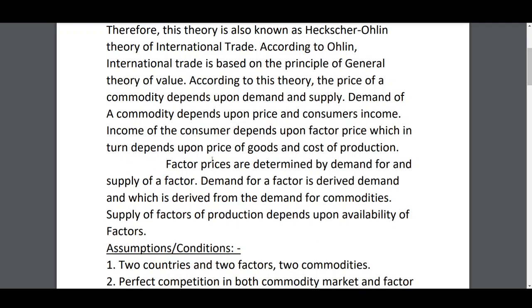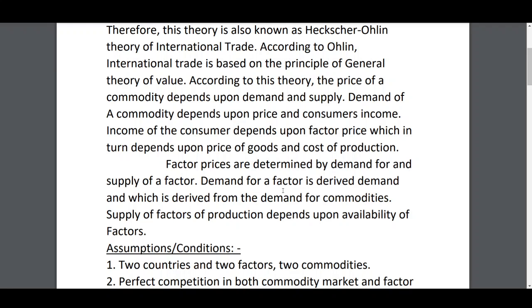Got the point? Now, factor prices are determined by demand for and supply of a factor. In the same manner as the price of a commodity, the price of the factor also depends upon what? Demand for and supply. Now, demand for a factor is a derived demand, which is derived from the demand for commodities.